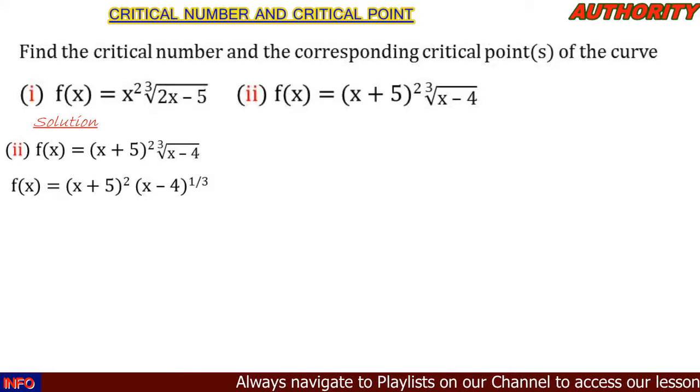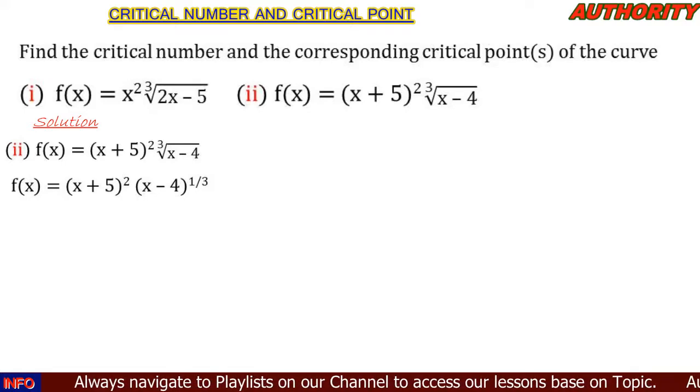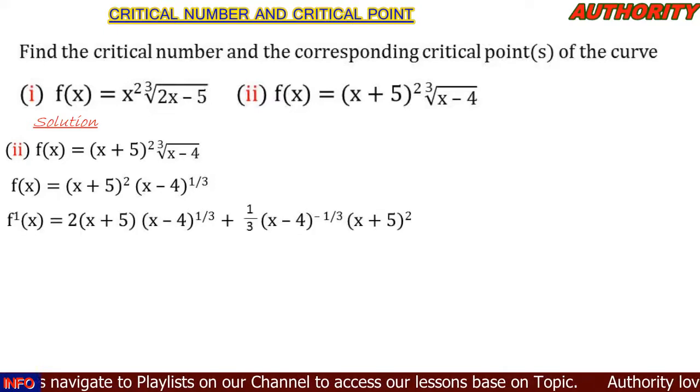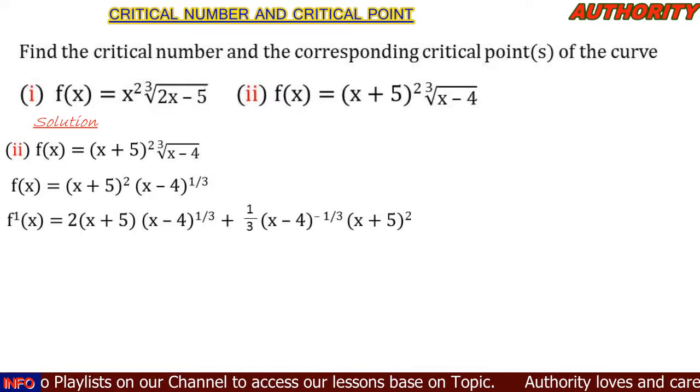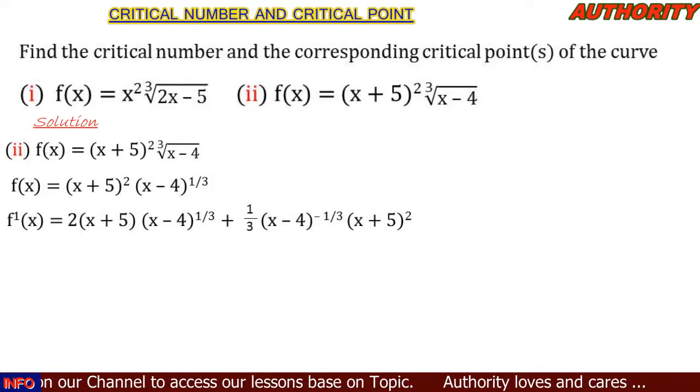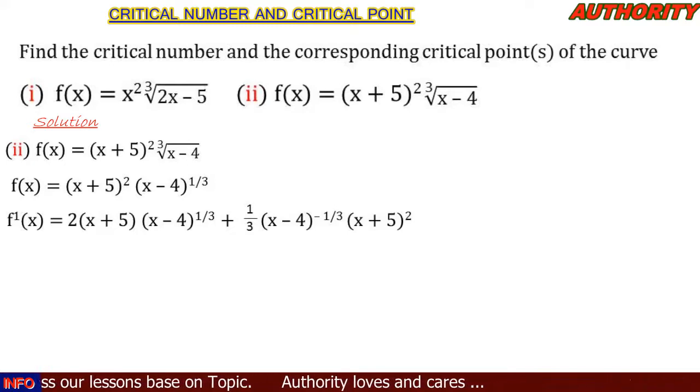So if we use the product rule to differentiate this, we are going to say that f prime of x is equal to 2 open bracket x plus 5 close bracket, x minus 4 in bracket raised to power 1 all over 3, plus 1 all over 3 open bracket x minus 4 close bracket raised to power minus 2 all over 3 times x plus 5 in bracket raised to power 2.